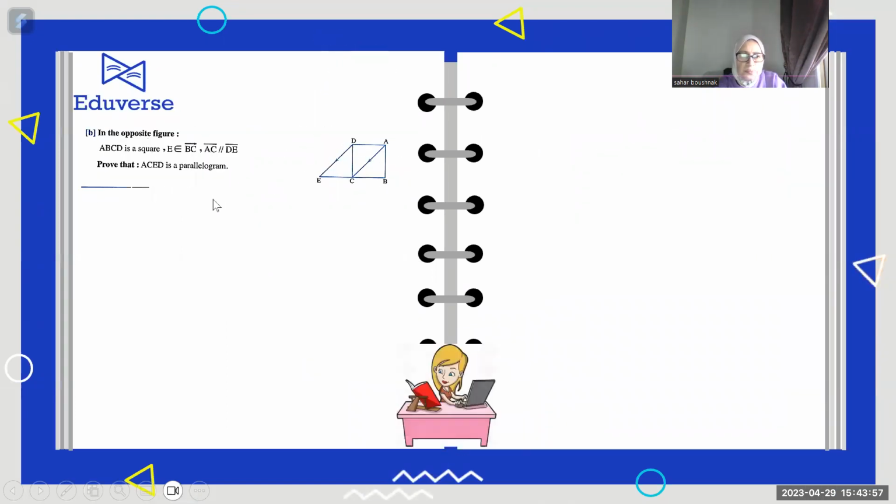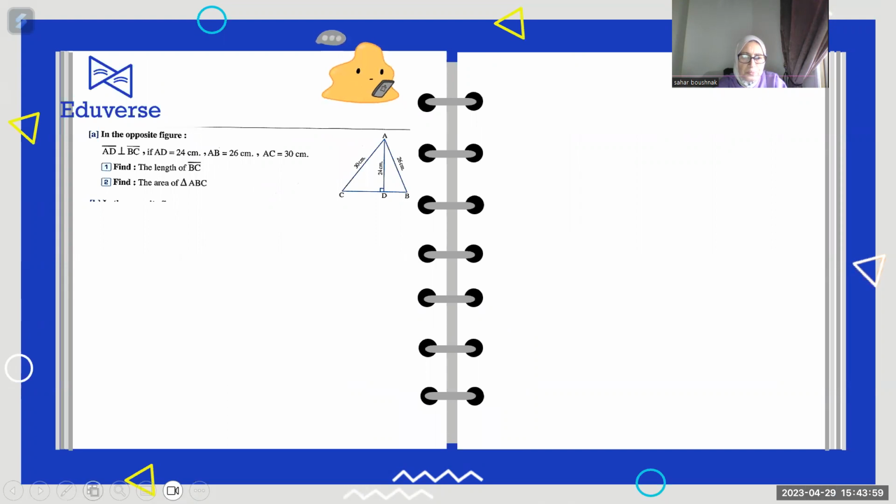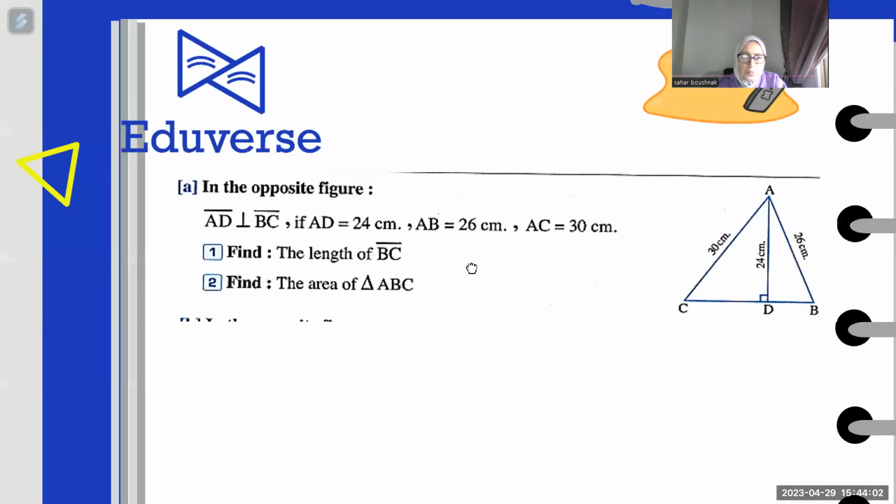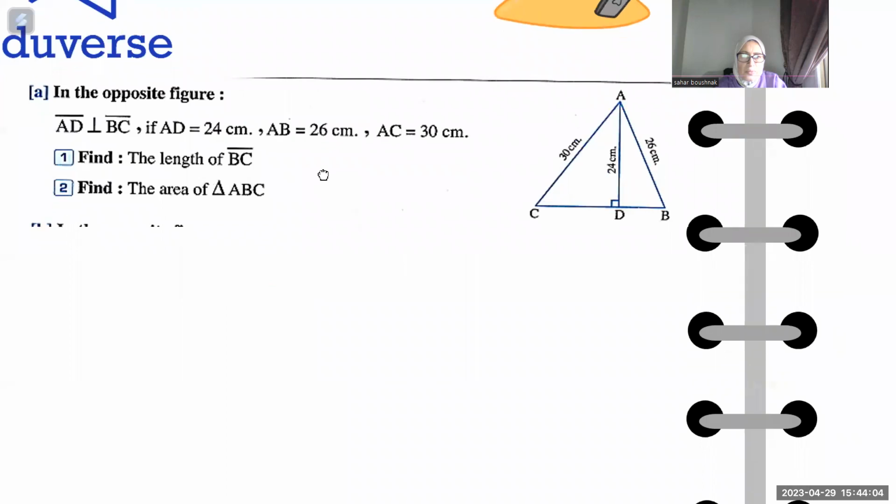Let's see this question. AD is perpendicular to CB. Perpendicular means this is a right angle triangle, this right angle. So this is the meaning of perpendicular.